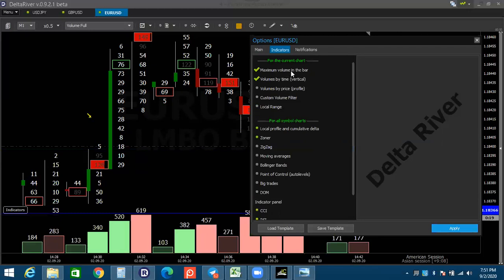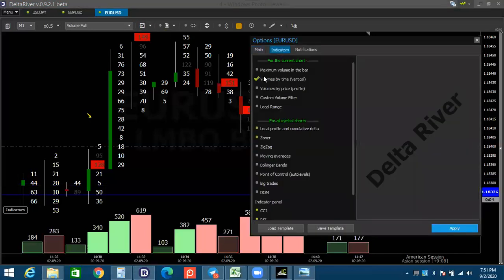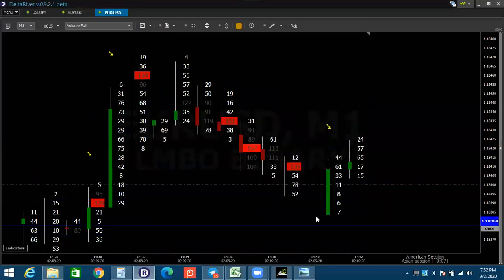The maximum volume in the bar. We're looking at 340, 520, 619 showing. If I remove this one, look at what happens. Okay, now it's not showing here.